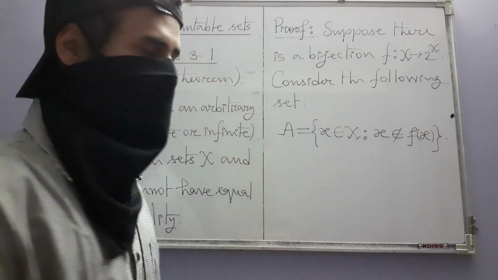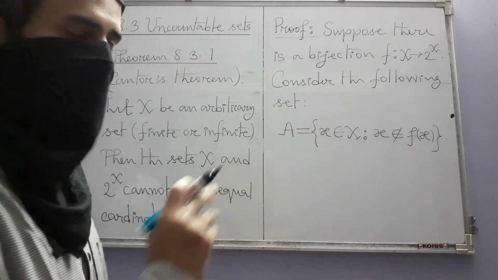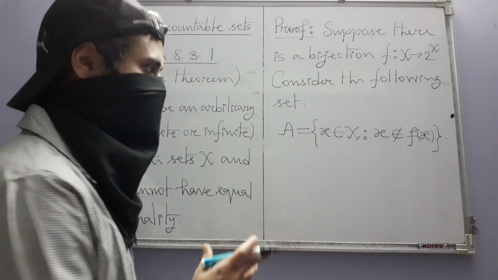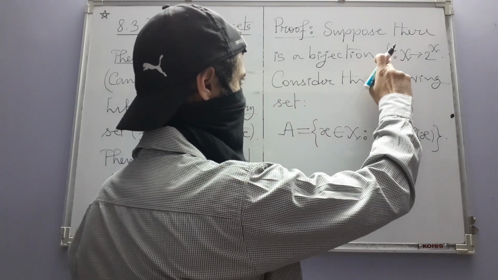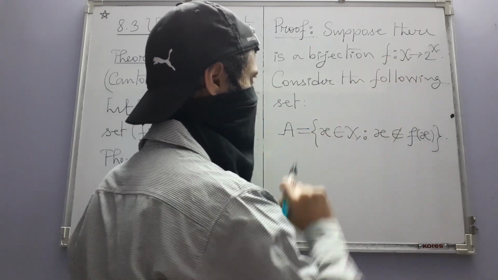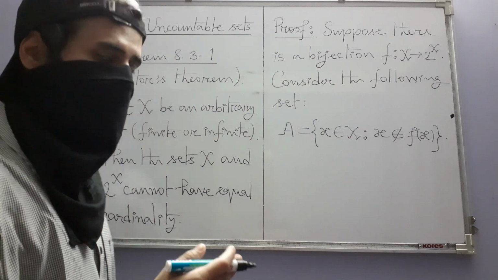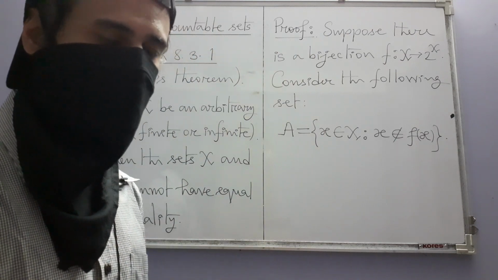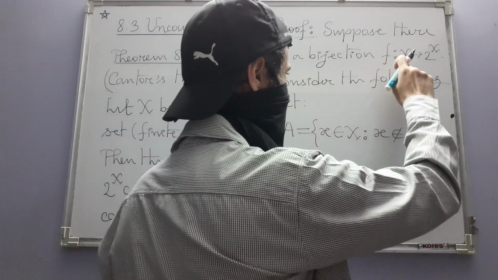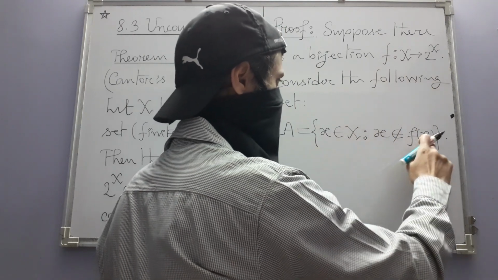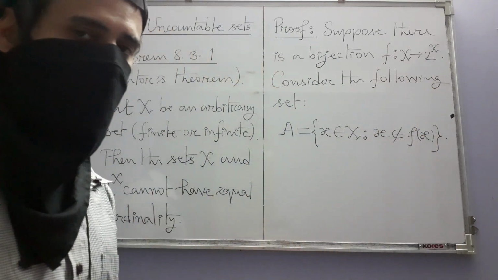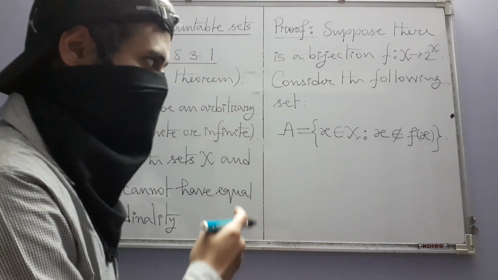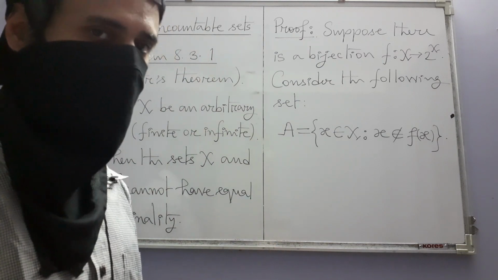Now let us first see what this even means. At once it looks a bit strange. x is not an element of f(x). But it makes sense because f is a function whose inputs are elements of X and the outputs are subsets of X because they lie in the power set of X. That means for any small x in X, f(x) is actually a subset of X. And since x itself is an element of X, it's legitimate to ask whether x belongs to f(x) or not.